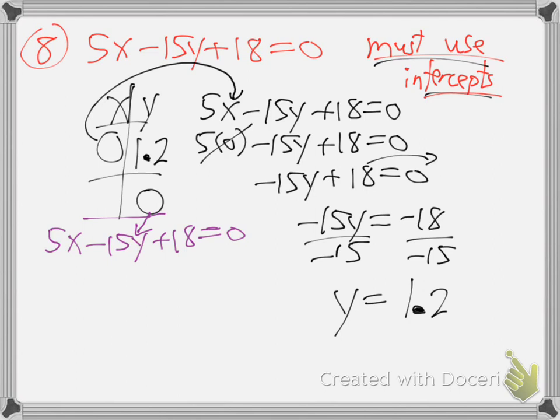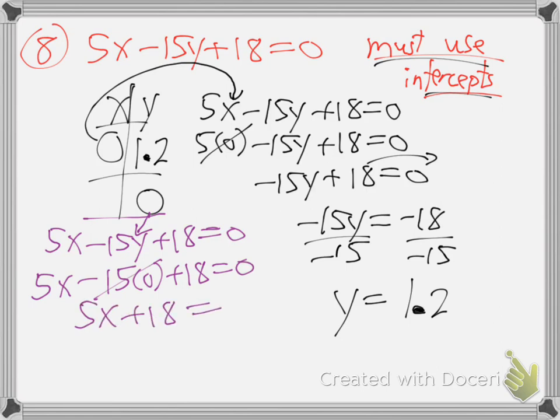Right? Put 0 in for y. So what do you get? 5x minus 15 times 0 plus 18. So that's just gone. 5x plus 18 is 0.